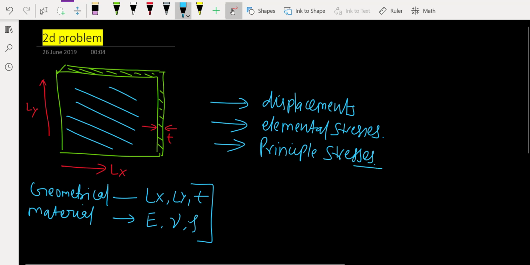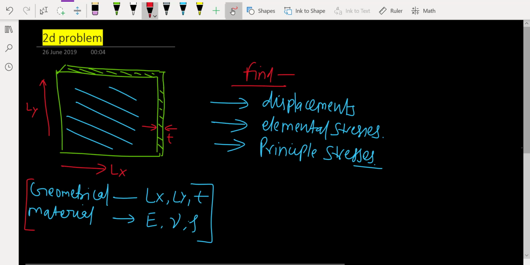Okay, so from given information in the form of geometric and material data, find out the displacements, elemental stresses and principal stresses and their directions. Okay, so let's move forward and see how we can do this.